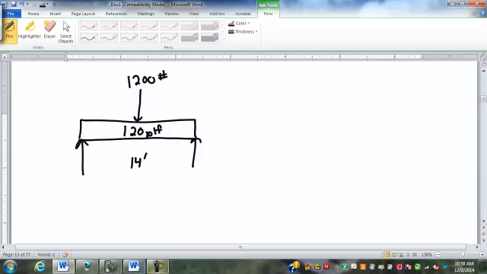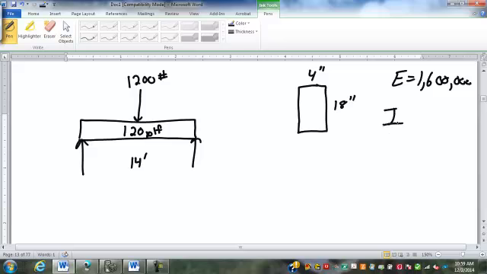I'll let you guys try that. Cross section: we're going to do a 4-inch by 18-inch rectangular beam. Elastic modulus will be 1,600,000. So you guys will have to find I.